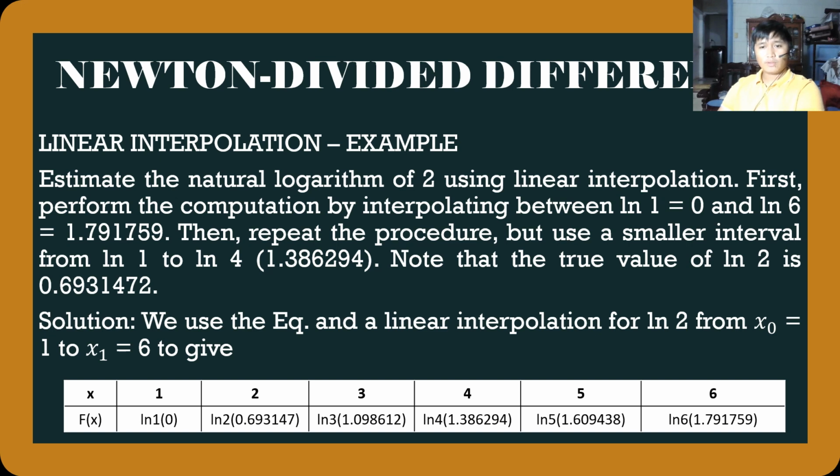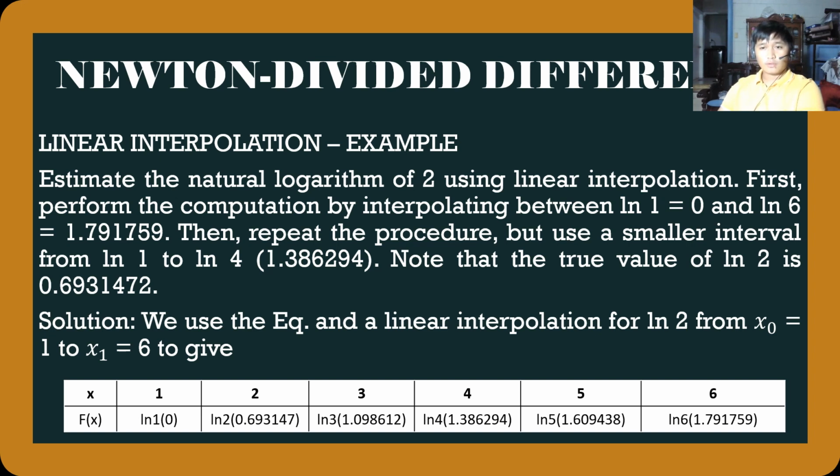So for example, if we have the same problem as earlier, estimate the natural logarithm of 2 using linear interpolation. First, perform the computation by interpolation between ln 1, which is equal to 0 here. I provided the values here, ln 1, ln 2, and then repeat the procedure but use a smaller interval from 1 to 4.